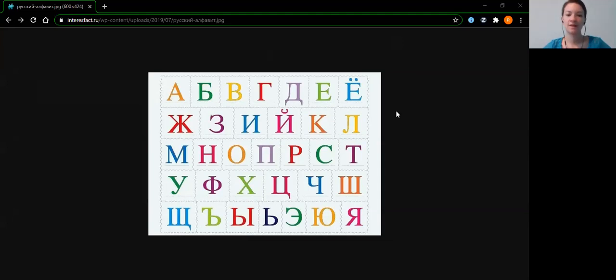Then we have z, z, z. For example, зеленый, зеленый. They are a little bit similar, zh and z.